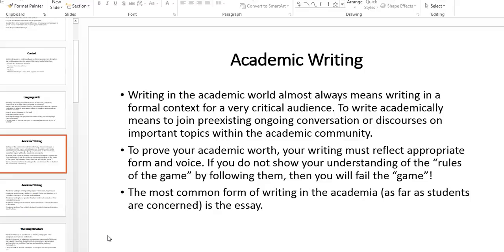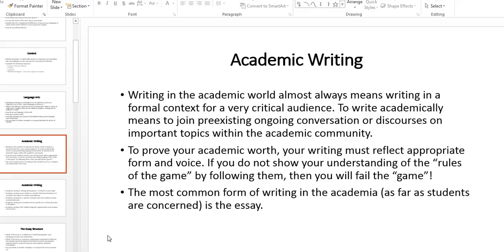So all of that demands some kind of writing, but I guess the most demanding type of writing that you will ever write is academic writing, the kind of writing that you do while you are in school pursuing a specific degree.